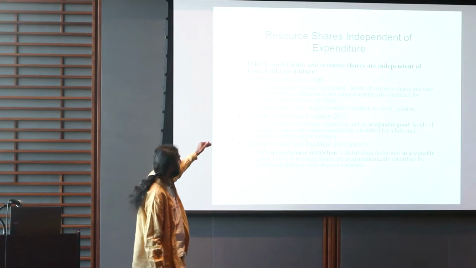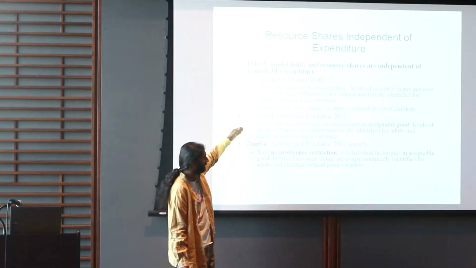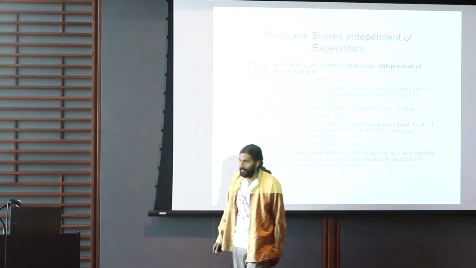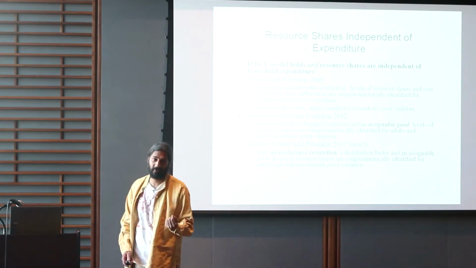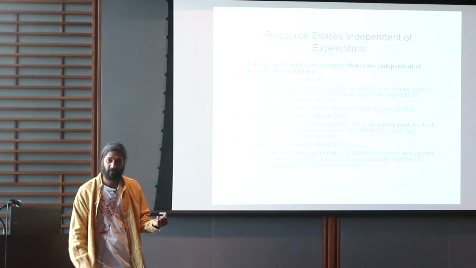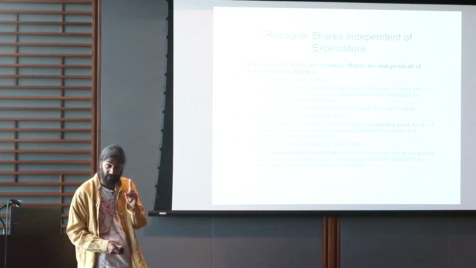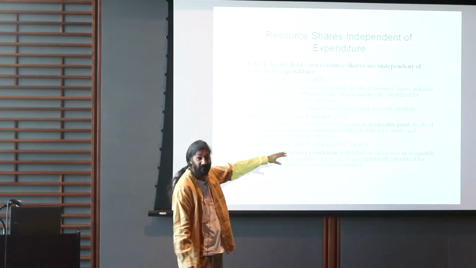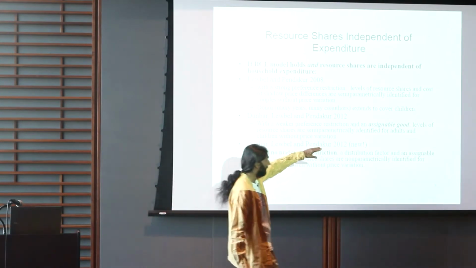then if you add a restriction on preferences and an assignable good, where an assignable good is a good for which I can observe the amount consumed by each person. I only need one such good for each person. It could be a good like clothing. Indeed, it is clothing in the data that we're going to look at.